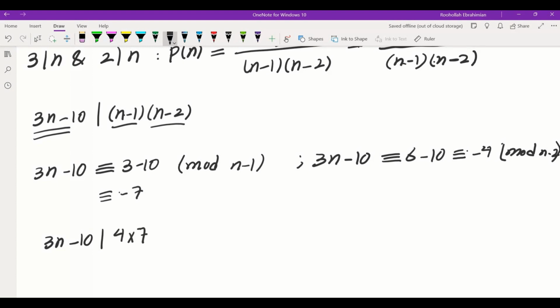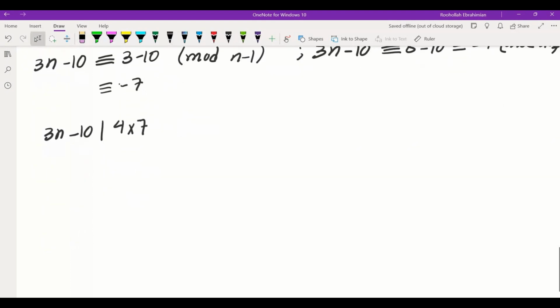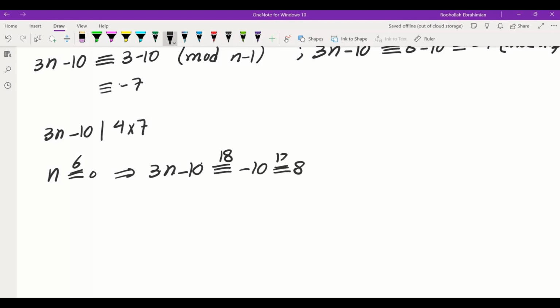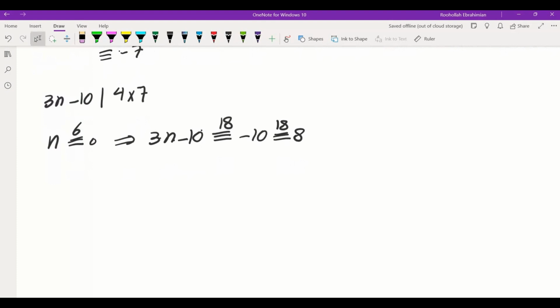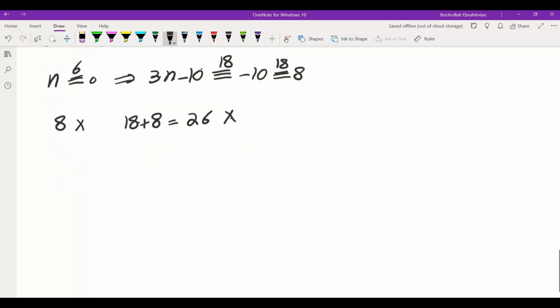On the other hand, n must be divisible by 6, which we found up here, so n would be 0 mod 6. That means 3n minus 10 is negative 10 mod 18, which is 8 mod 18. So we need a number that divides 28 and is also 8 mod 18. Well, 8 doesn't divide it. 18 plus 8 is 26, which also doesn't divide it, and the other numbers that are 8 mod 18 are larger. So there are no possibilities in this case.